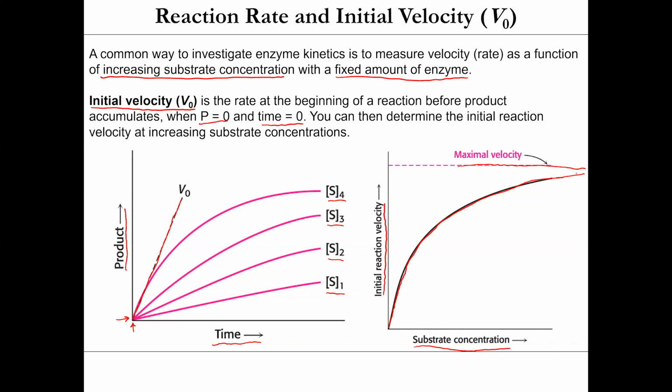It can't really convert the substrate into product any faster than it does. So when you're doing experiments like this with a fixed amount of enzyme and increasing substrate concentration, this allows you to determine the initial velocity rate, that v sub 0, with increasing substrate concentrations, and it gives you a curve basically like this.